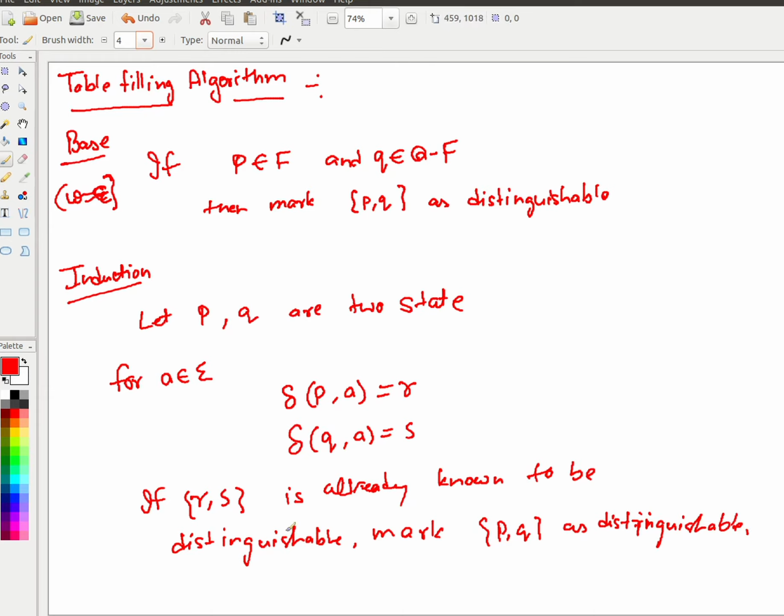Now, why are we doing so and why does it hold true? Because if R and S are already known to be distinguishable, what does it mean?